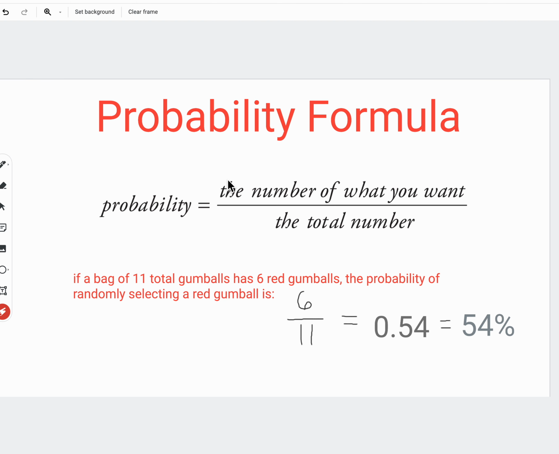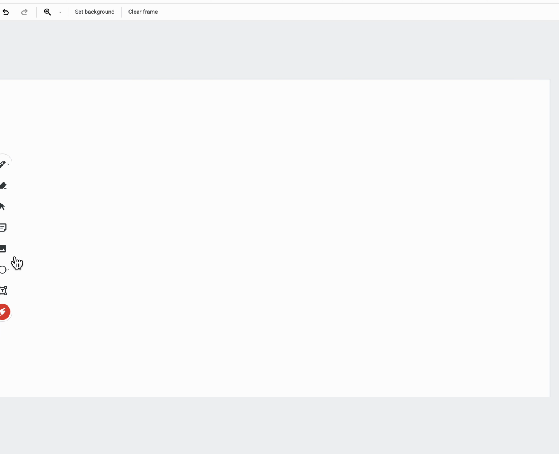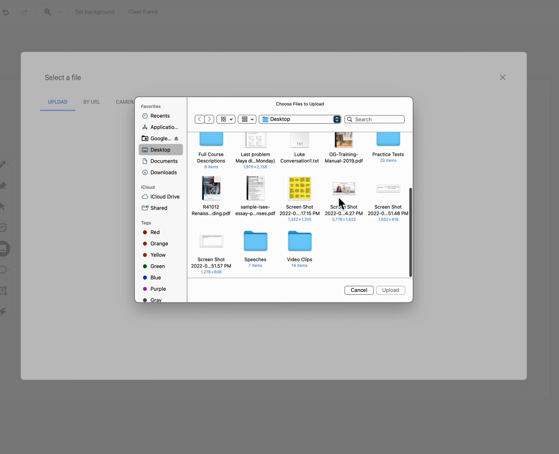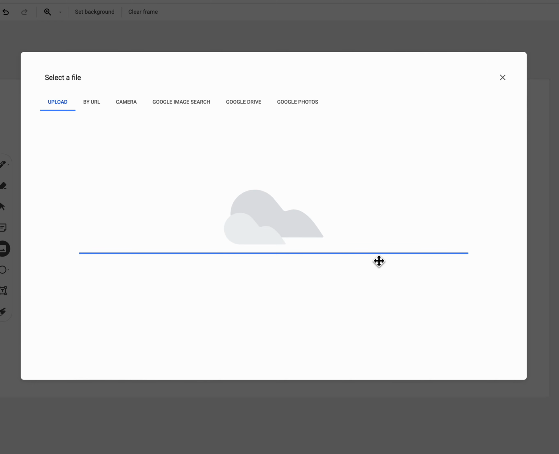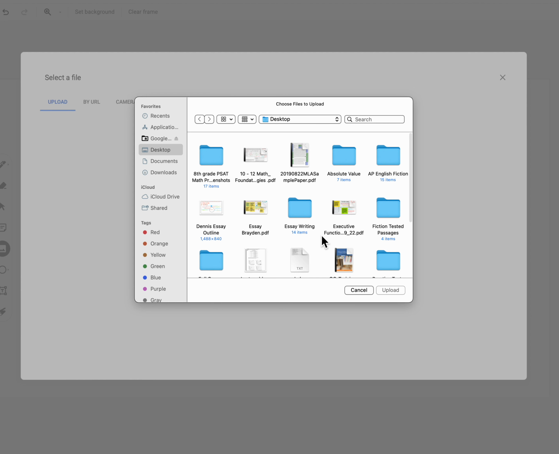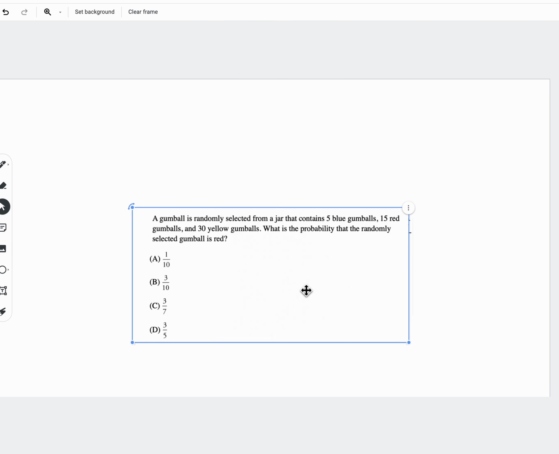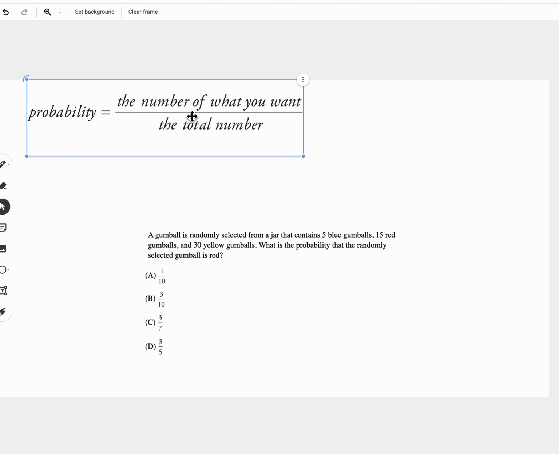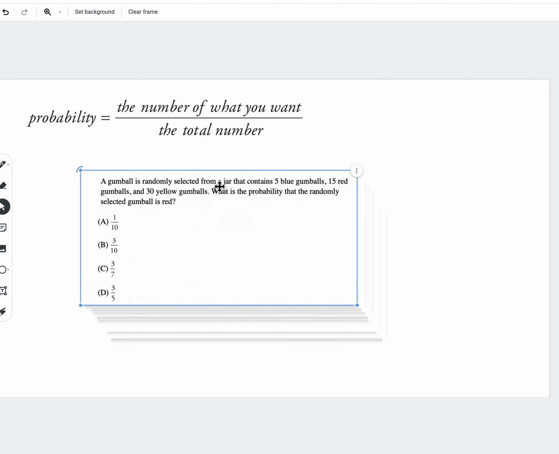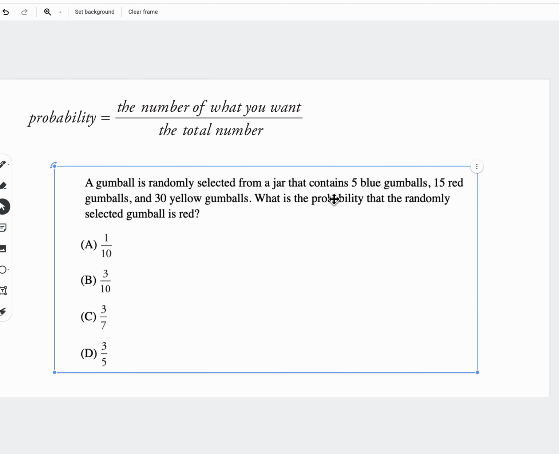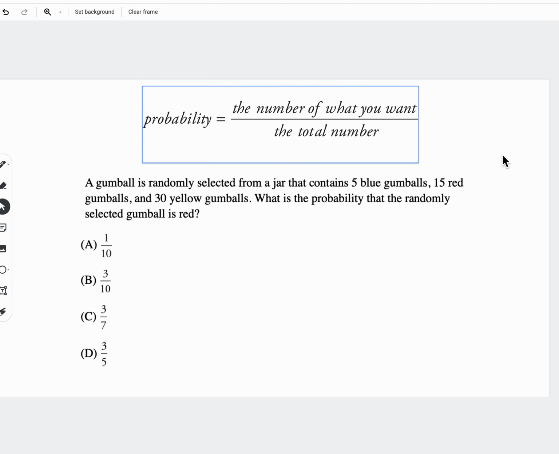Now let's take a look at an example problem. We'll bring in our formula once again along with the problem. A gumball is randomly selected from a jar that contains 5 blue gumballs, 15 red gumballs, and 30 yellow gumballs.